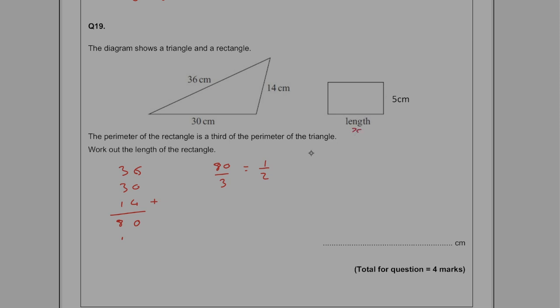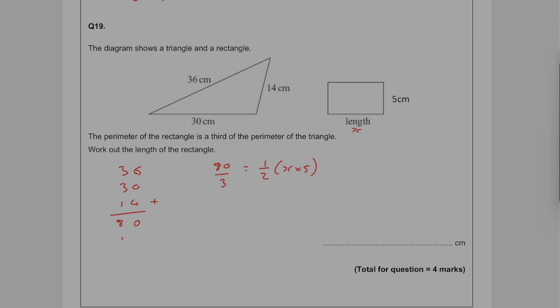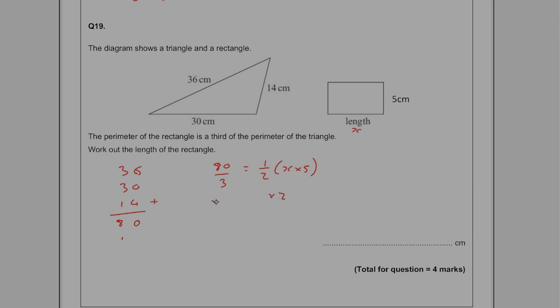So I'm going to call it x for now, x times 5. Okay, so if I times both sides by 2, that's going to give me 160 over 3 is equal to 5 lots of x. Then if I divide both sides by 5, that's going to give me 160 divided by 15 is equal to x.